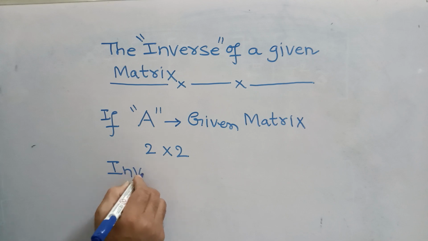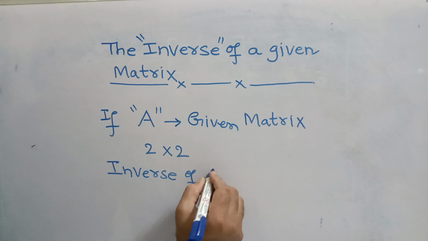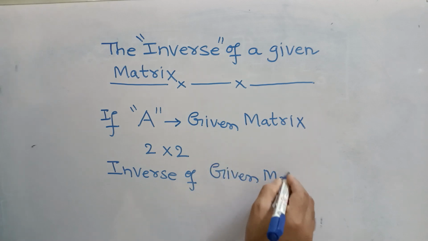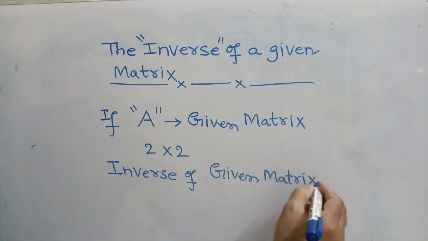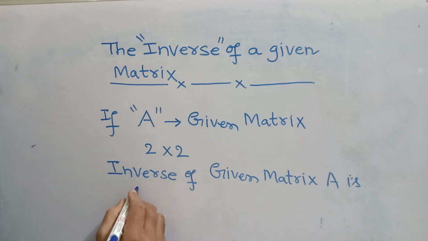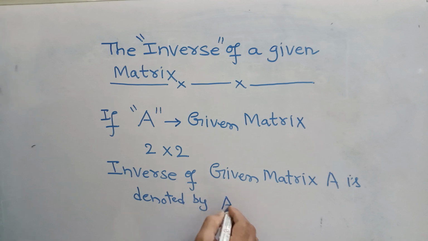The inverse of the given matrix A is denoted by A inverse. That is the representation.